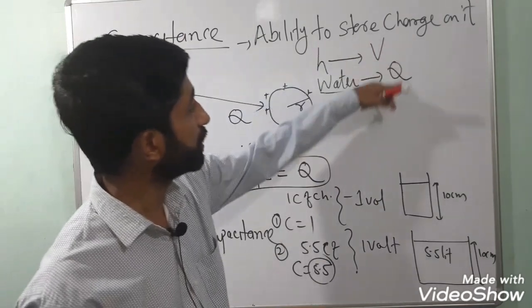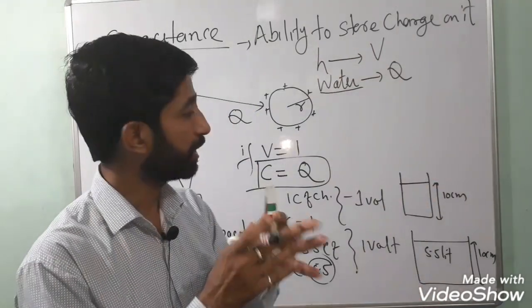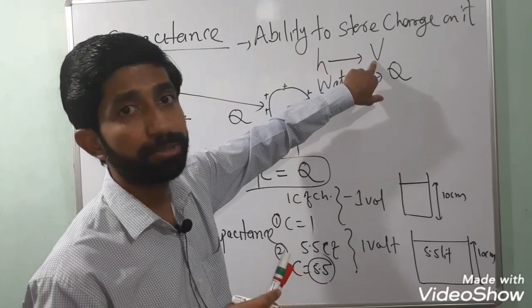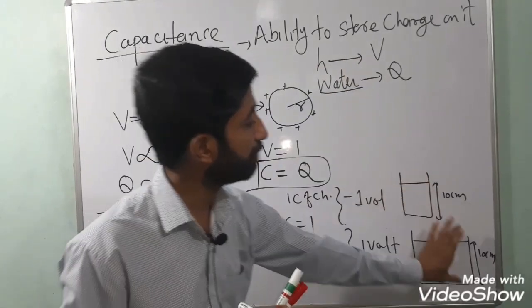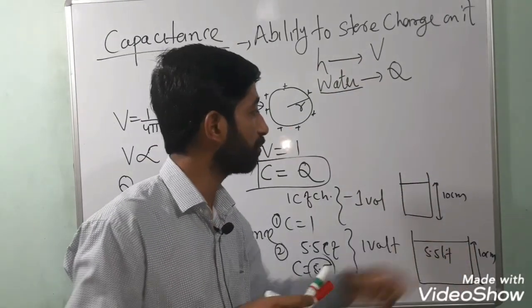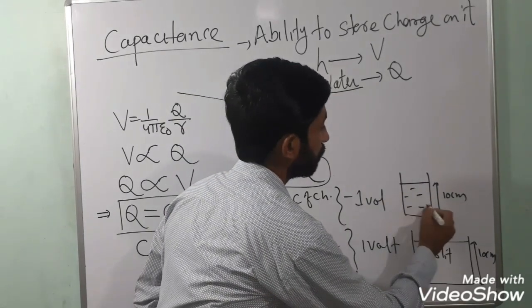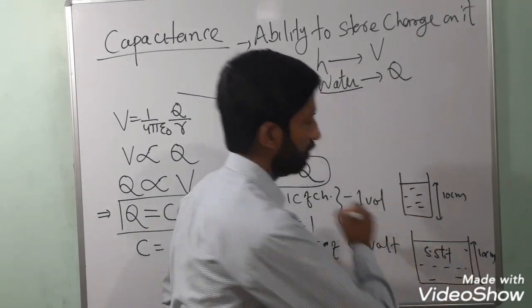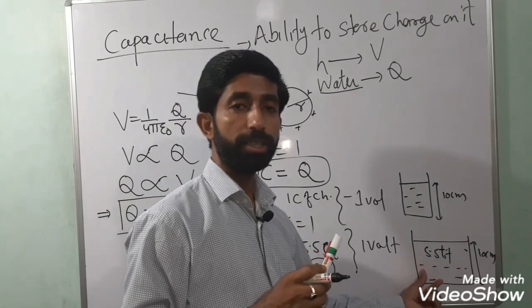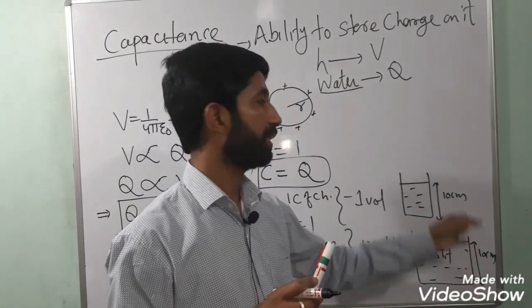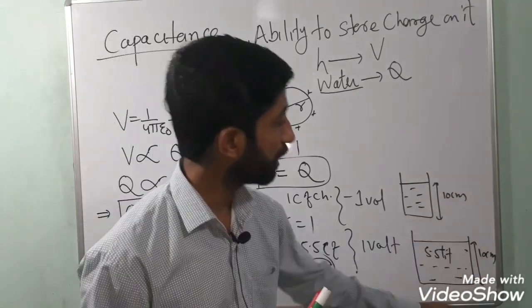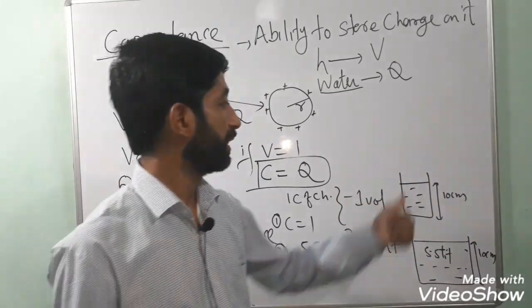If height is compared with potential, this is the same gain in height but a different quantity of water has been put. When I put more water, its height rises by the same amount, so this container must have more capacity than this.